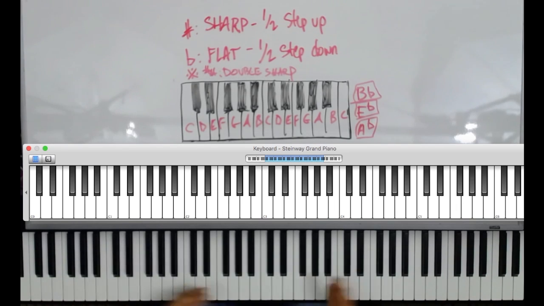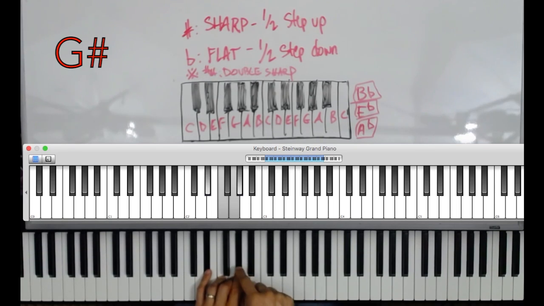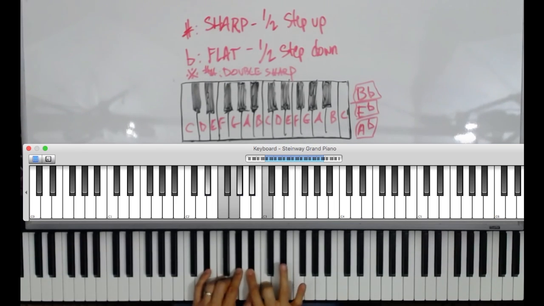We got to move forward in the alphabet. D sharp, E sharp, F double sharp, then G sharp. Now we're back into normal land. G sharp, A sharp, another white note with a sharp. It's a B sharp. Okay, because we have to move forward in the alphabet. B sharp, C double sharp, C double sharp, and then back to D sharp.